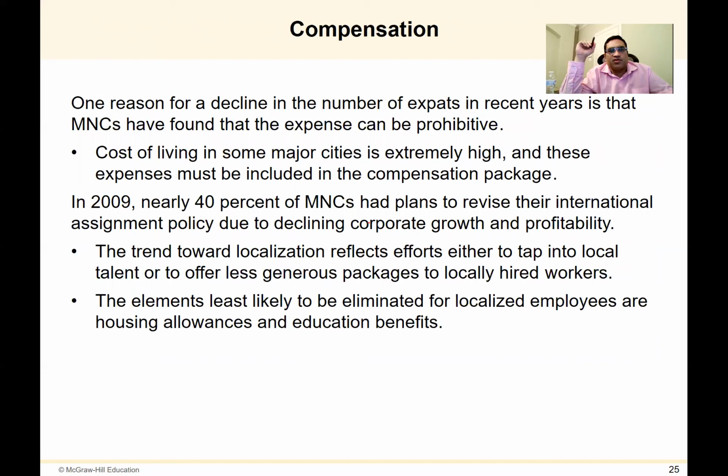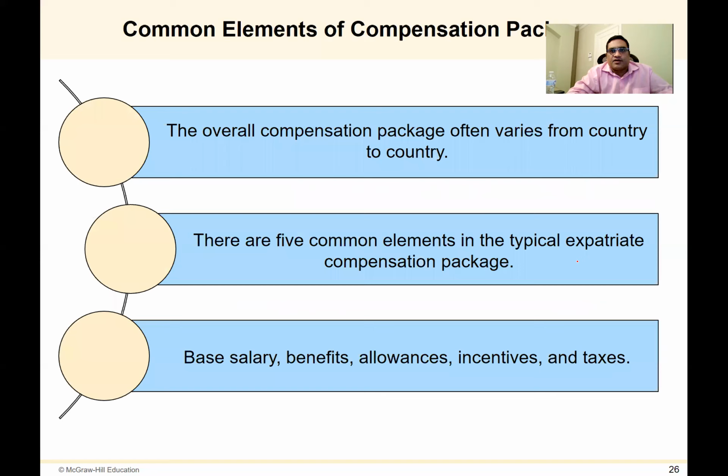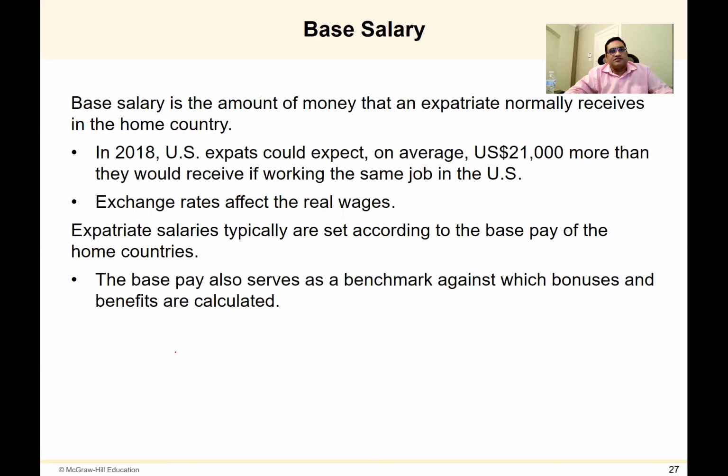Compensation, as discussed before: typically companies have to pay more money for somebody to go overseas, and there are expenses involved as well. So the trend for companies is towards hiring local workers. The compensation package could include these things: salary, benefits, allowances, incentives, taxes.